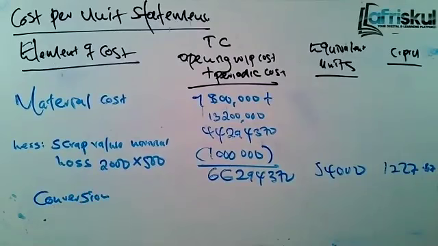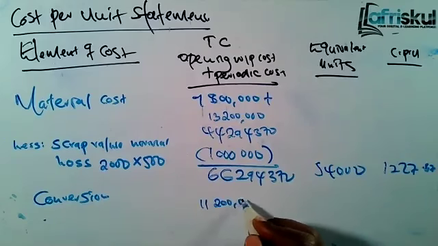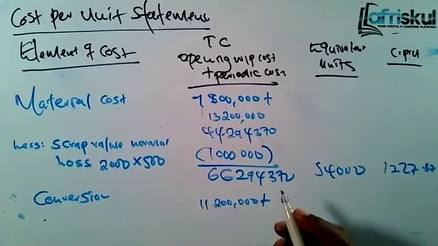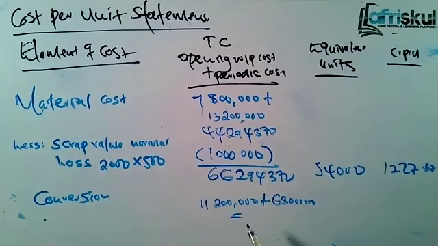The opening WIP for conversion is 11,200,000 plus the periodic cost, which is 63 million. You add 63 million there and you get 74,200,000.